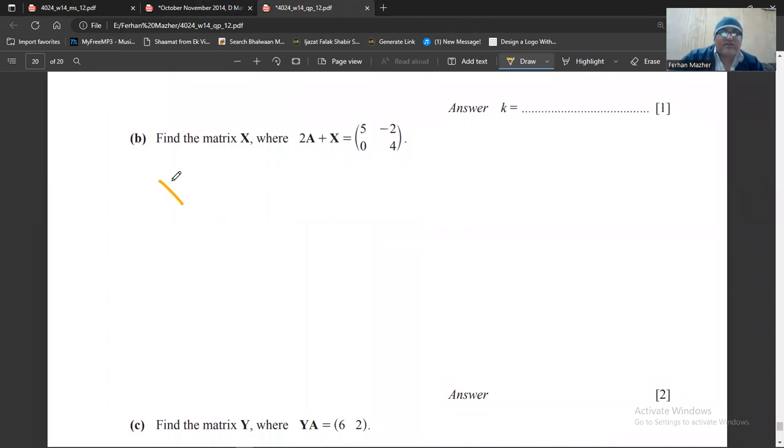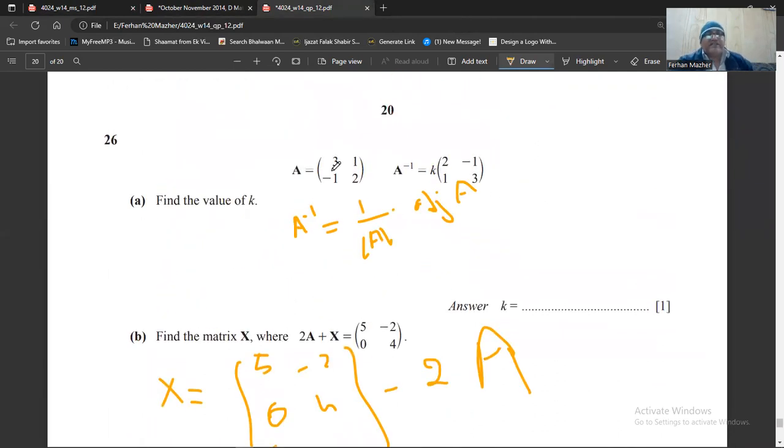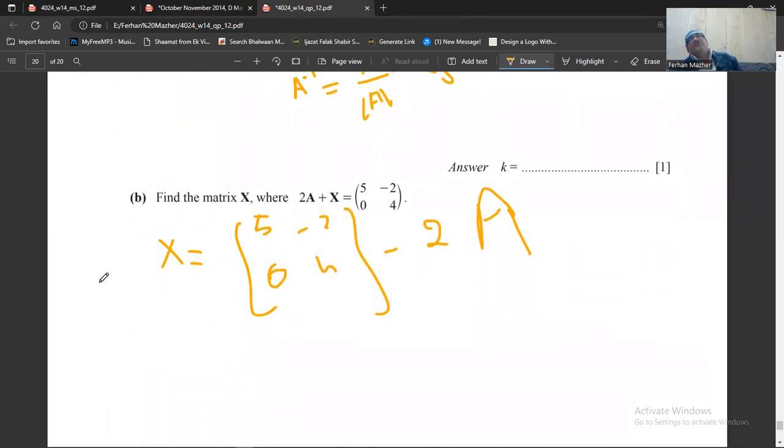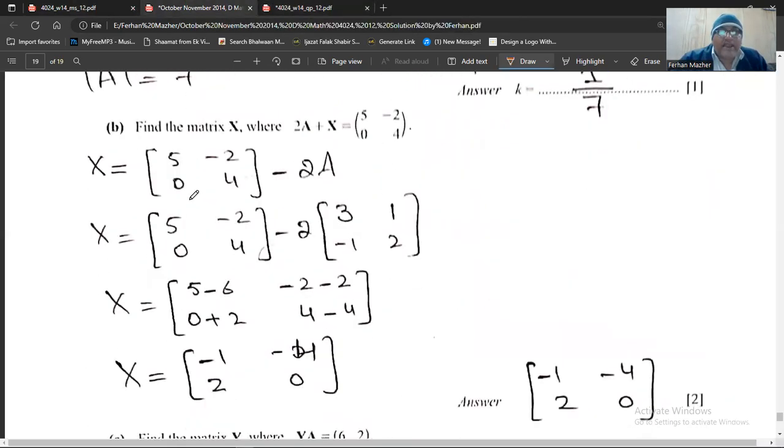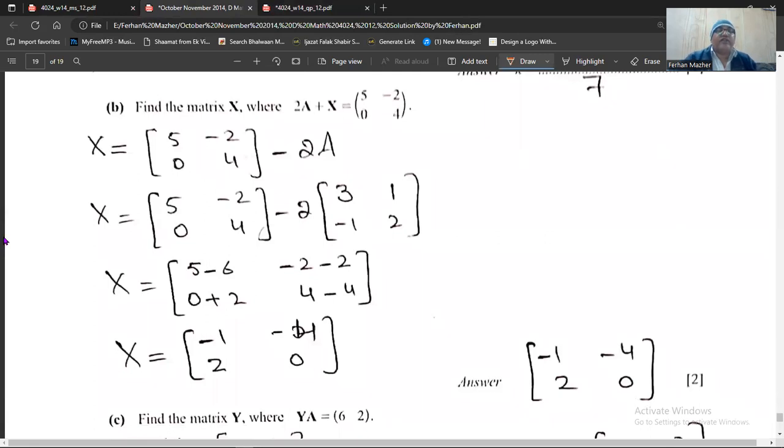The X will be equal to 5 and minus 2 and 0 and 4, minus 2A. But I know the value of the A, that is this value, just put here and you will be able to find out the value of the X. Okay, so here on your screen, this is showing X is equal to this minus 2A.